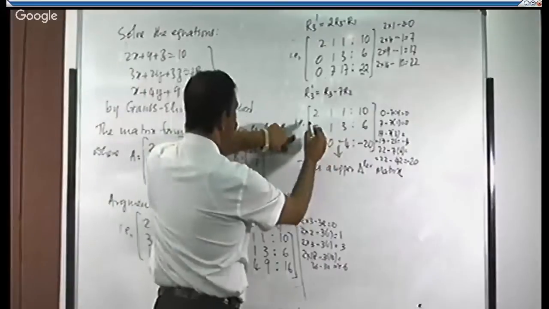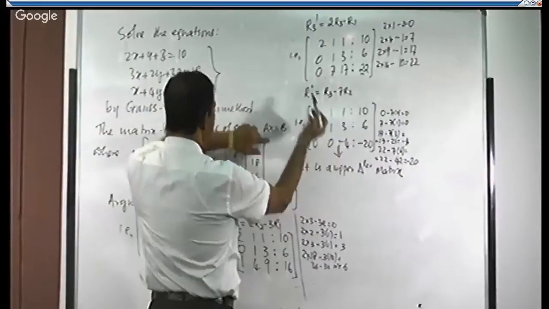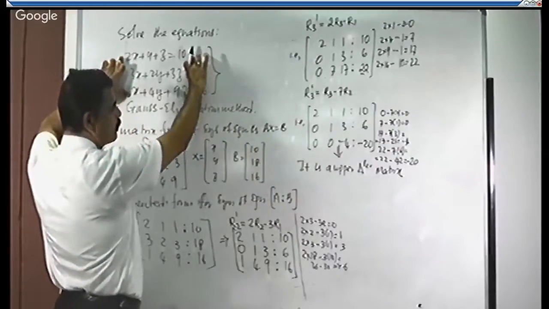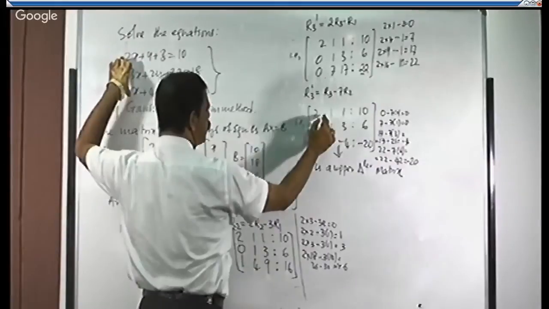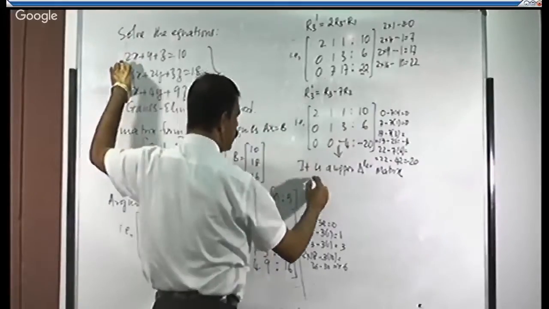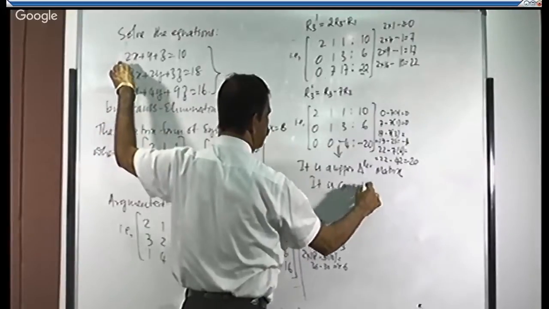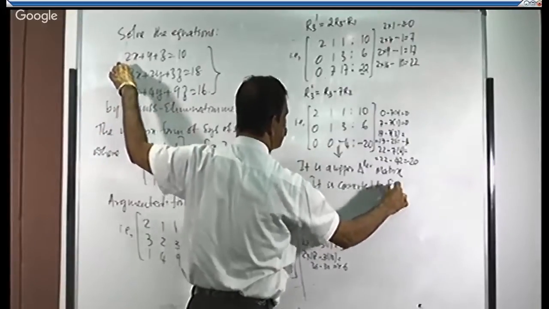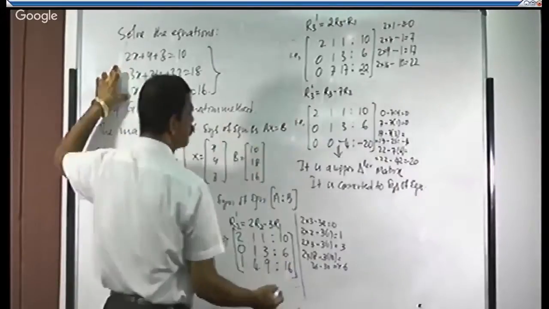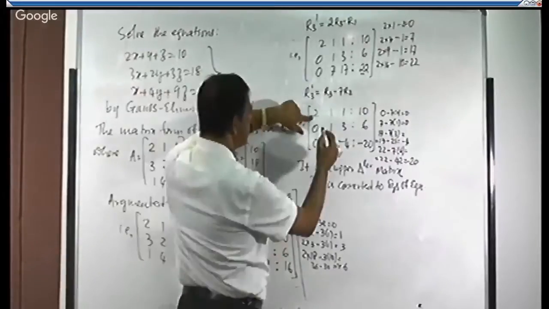Now, this augmented matrix is taken into its equivalent system of equations. How? Just by putting x, y, z in the corresponding positions. It is converted to a system of equations. What is that system of equations? This is the system of equations. How to write it?